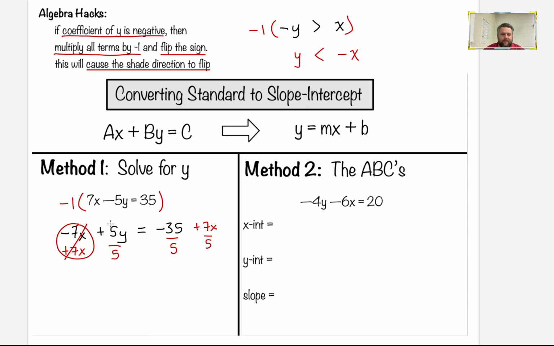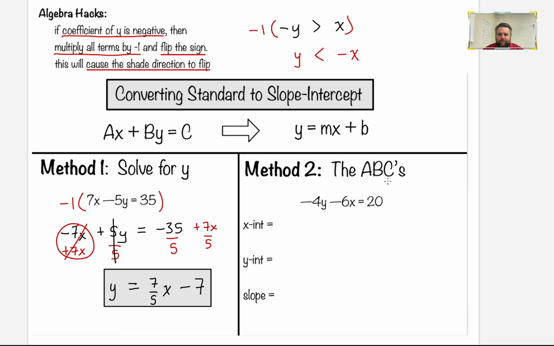So we're going to be left with y equals, we're going to move the 7x term first, 7 over 5 x, plus -35 divided by 5, which is -7. So this is slope-intercept form. If this had been a greater than or equal to sign, then I would have flipped the sign.